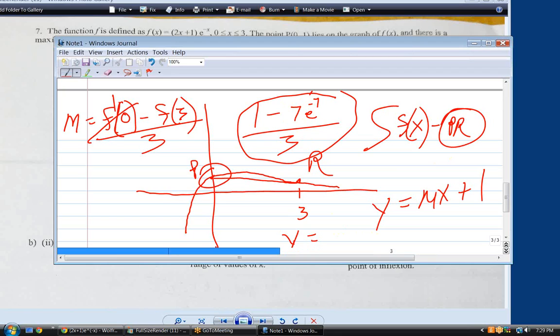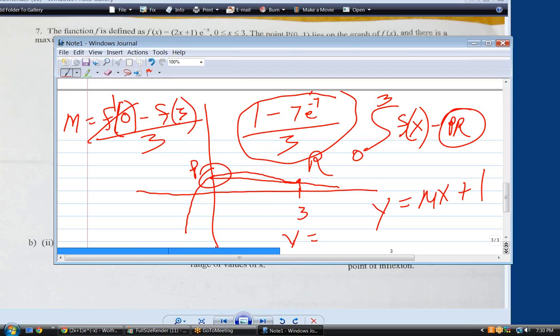Now, there's a little easier way to do this, and that is to find the area between the curve and the x-axis, which is relatively straightforward. You just integrate f of x from 0 to 3. And then figure out what the area of this trapezoid is.